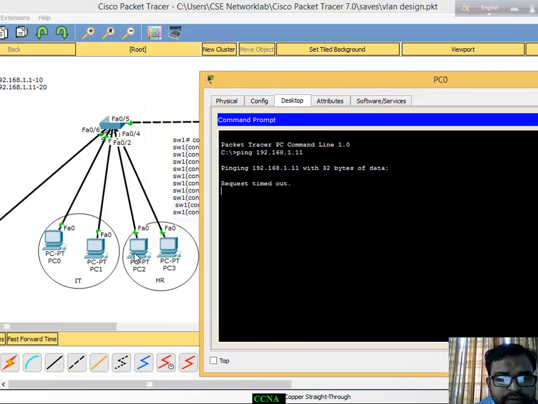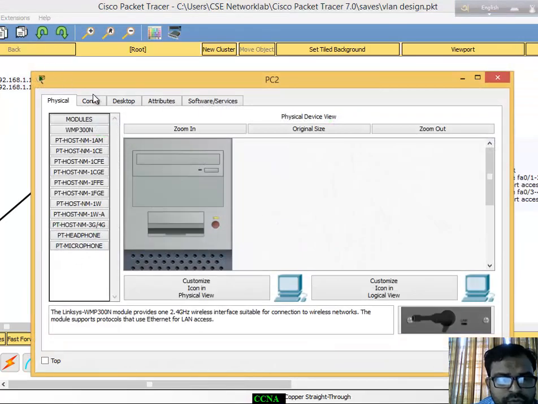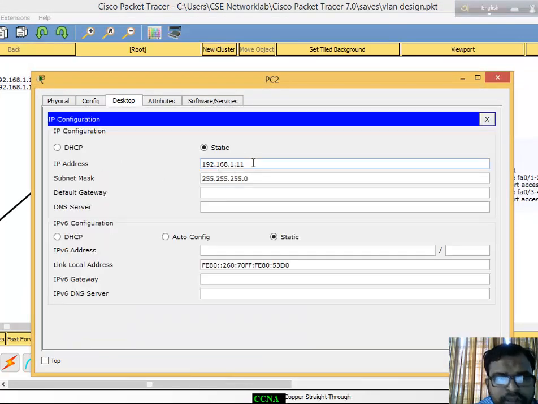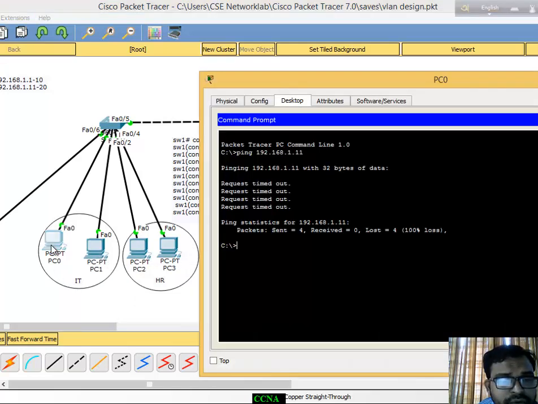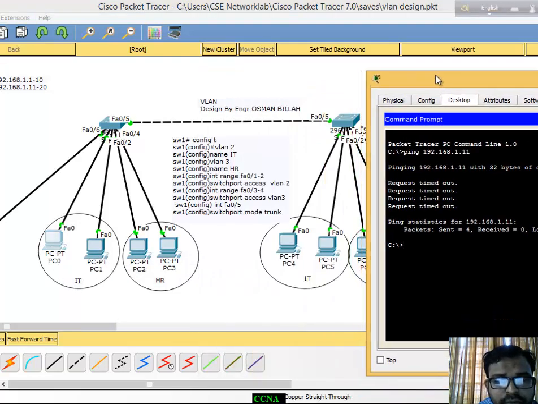Although the HR department is here, PC number 2, 11, it is interfaced on the same switch, but they don't communicate with others. Now I ping from the other switch, IT.